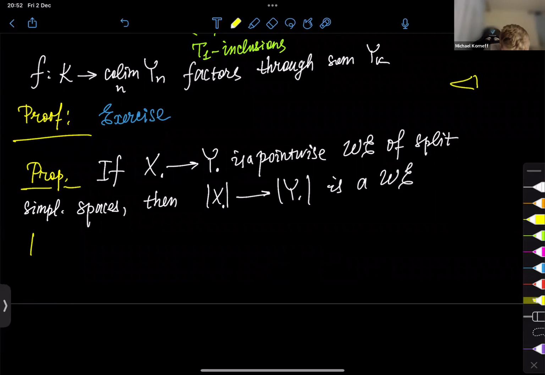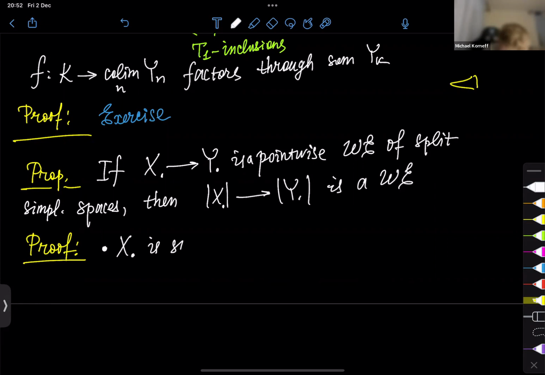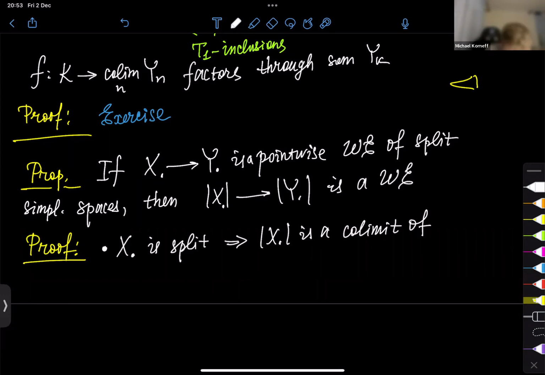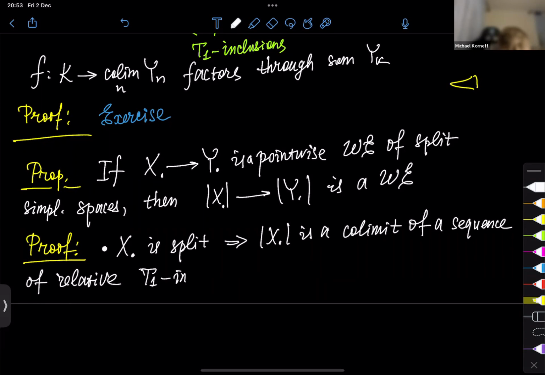Why is it true? It's quite easy, and we know that X is split, so the realization is a colimit of a sequence of relative T1 inclusions.